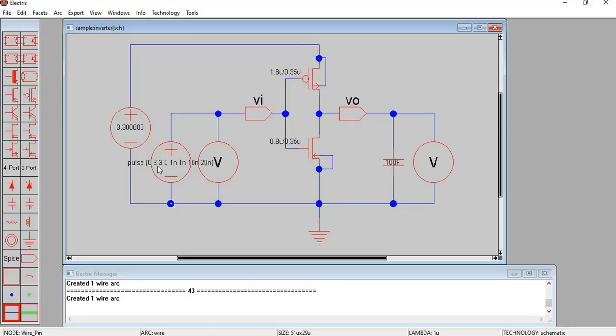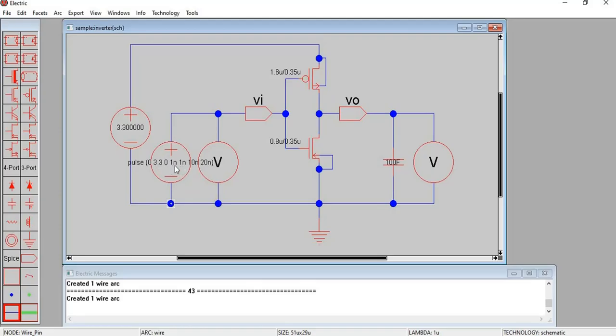So what does this value stand for? The 0 stands for a low, and 3.3 for high. Since we're dealing with the pulse, we have a low and high value. The next 0 is just the delay, so I'm not going to set any delay.